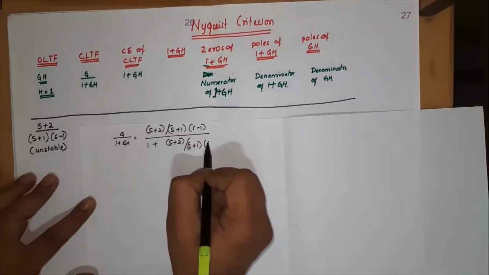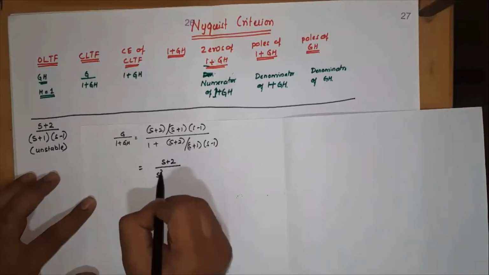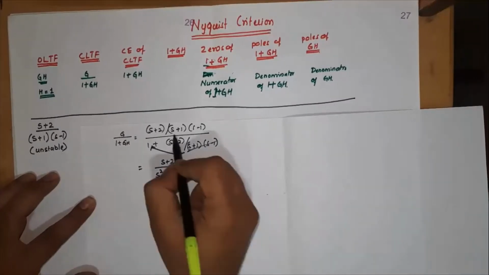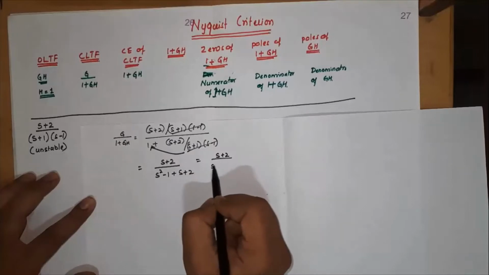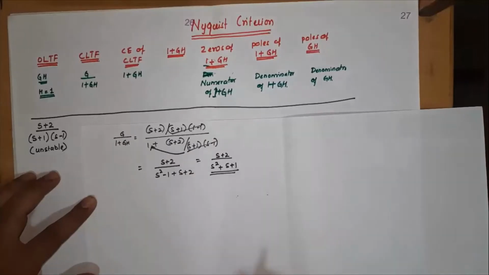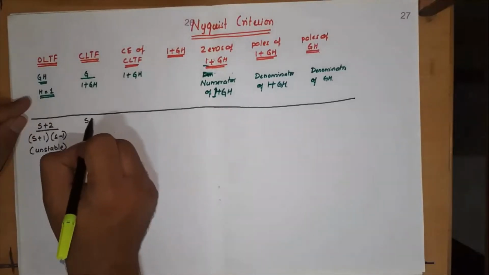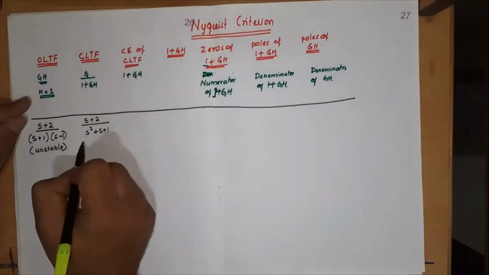What do we get? (S plus 2) divided by (S plus 1)(S minus 1), whole divided by 1 plus GH. Then simplify. Simplifying this, we get S plus 2 in the numerator divided by S square plus S plus 1. So this is our closed loop transfer function.